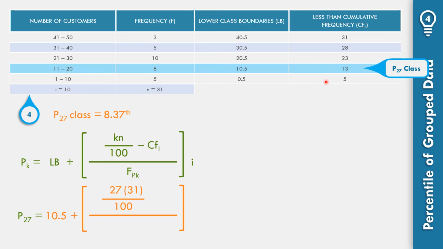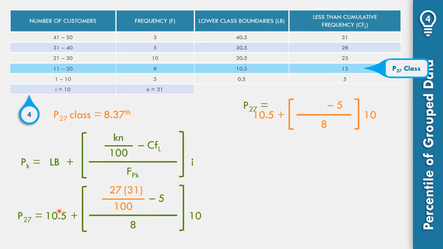Then the cumulative frequency of the class below, that is 5. So minus 5, all over the frequency of the P sub 27 class, that is 8, times the interval, that is 10. So let us compute.